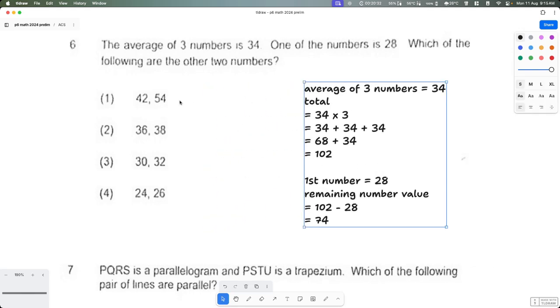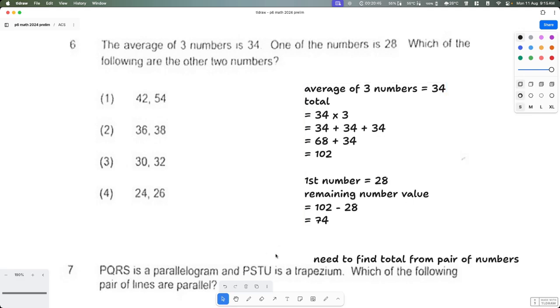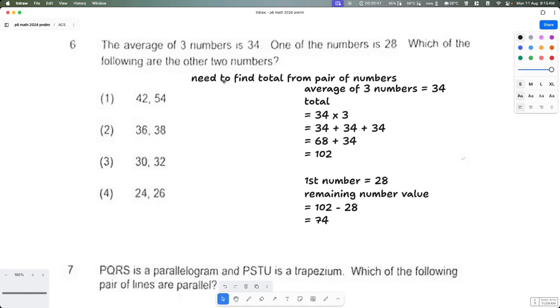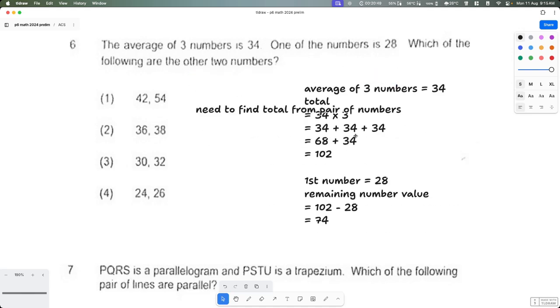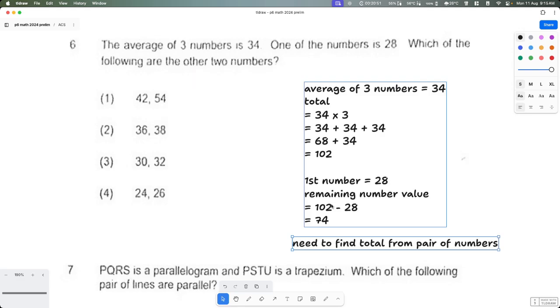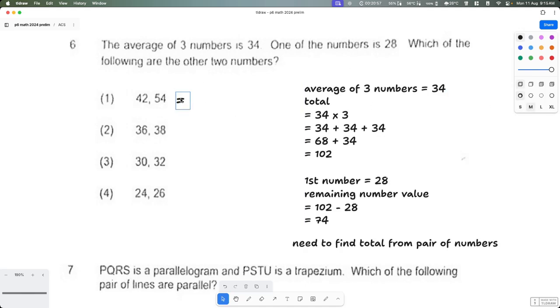Now we need to find the total from the pair of numbers, so it needs to add to 74. So 42 plus 54 over here, the total will be 96.